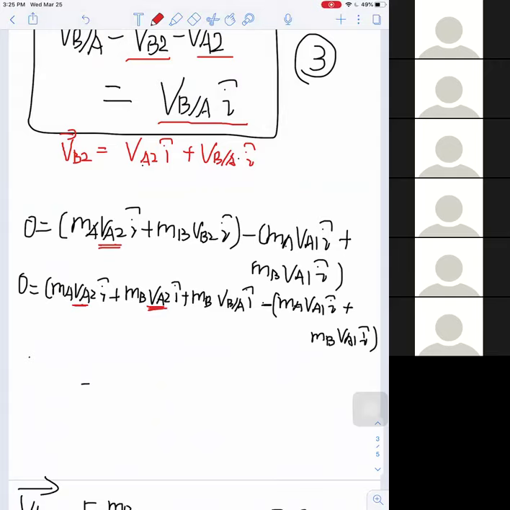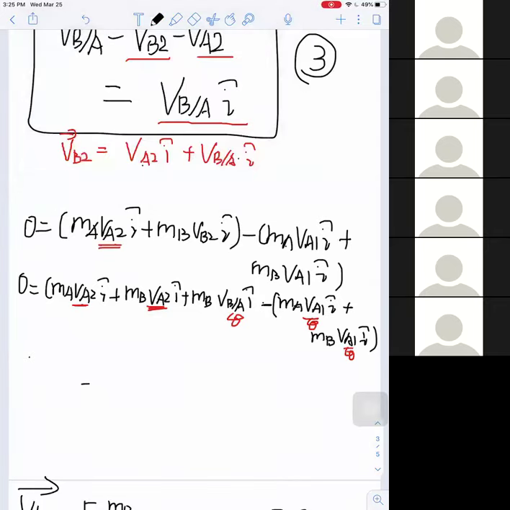And the rest of the variables like vB/A are given. vA1 is given, vA1 is given. So we can pull this vA2 out, right? To find the expression for vA2.